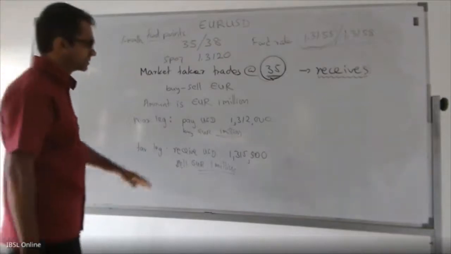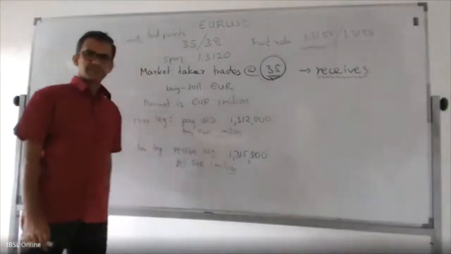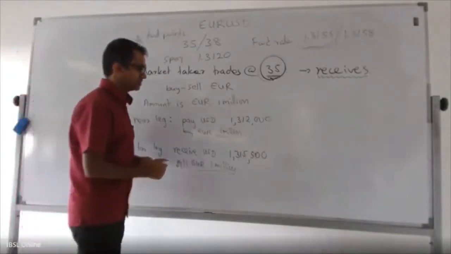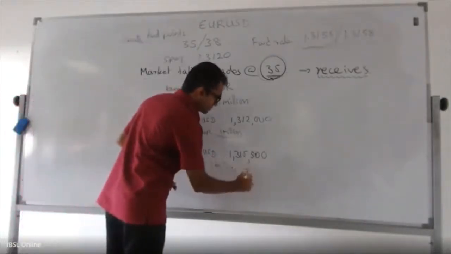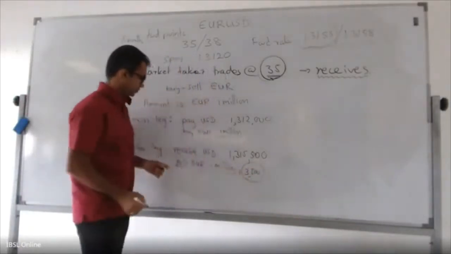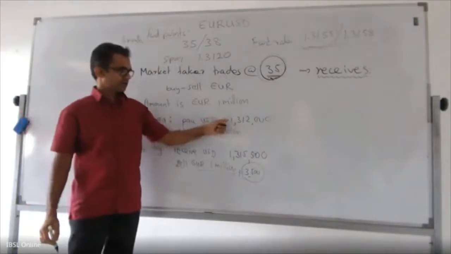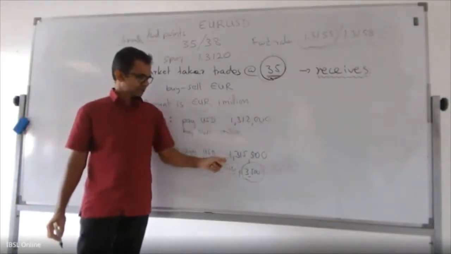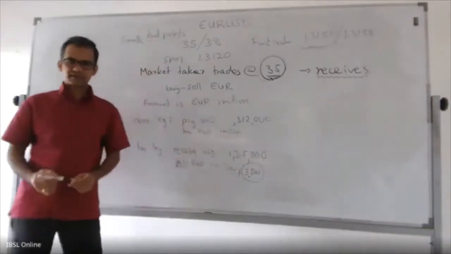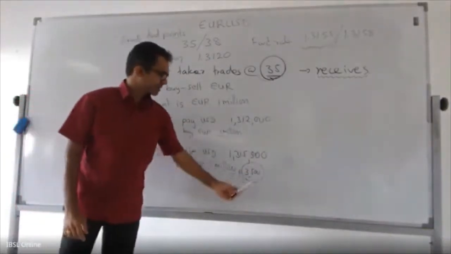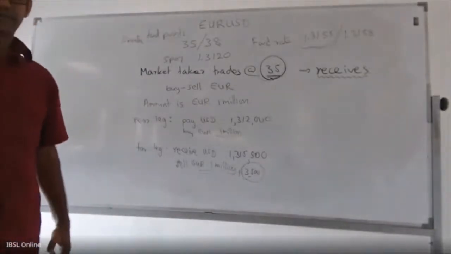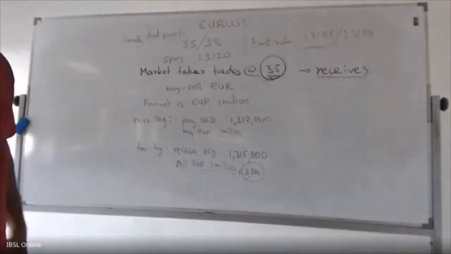What's the difference? $3,500. It's a plus for you. You paid only 312,000. You receive 315,500. The 3,500 difference is there, and it's a positive.